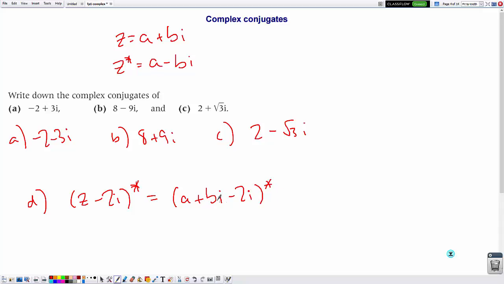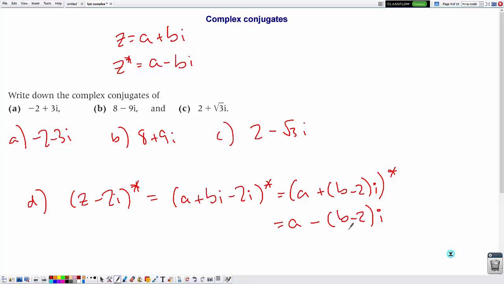Now when doing this, you could, if you want to, just change the sign here and change the sign there. I think it's better in general to actually gather your terms. So in fact, I'm working out the conjugate of a plus b minus 2 lots of i. And to work out the conjugate of this is now a simple case of just changing the sign there. So the conjugate of this is equal to a minus b minus 2 i.